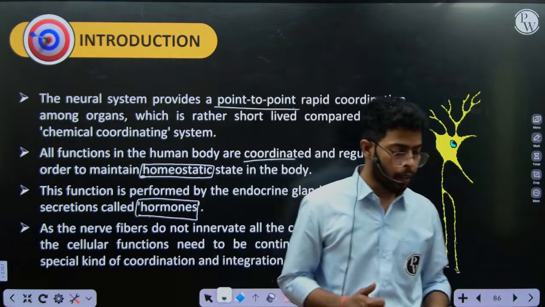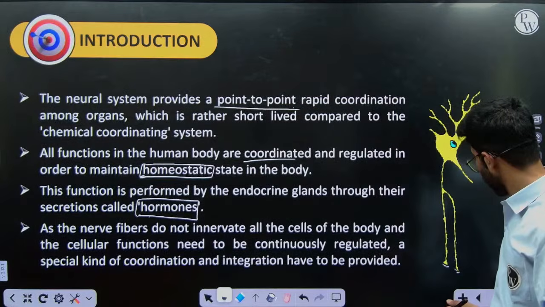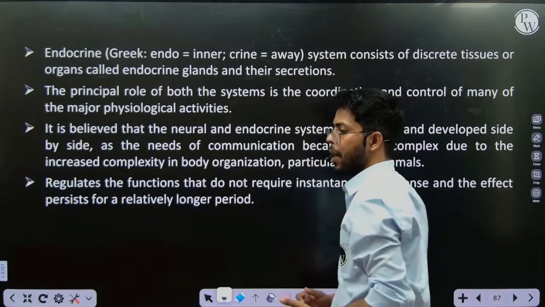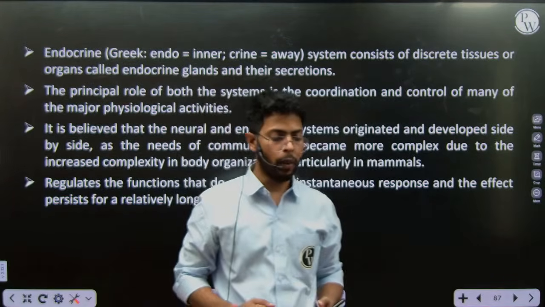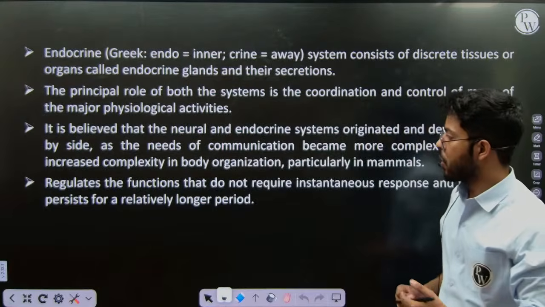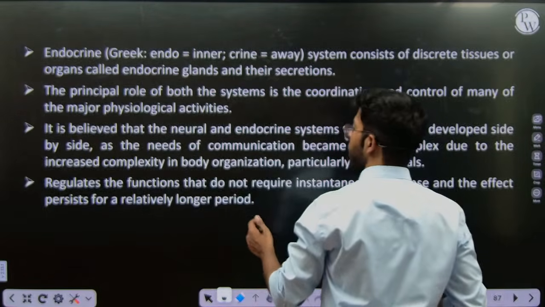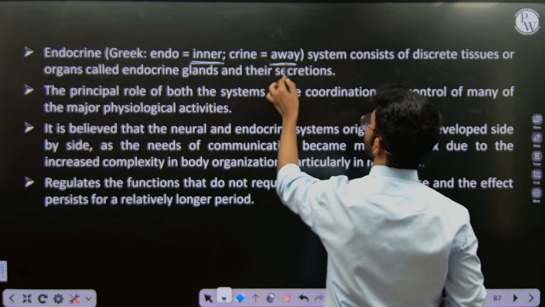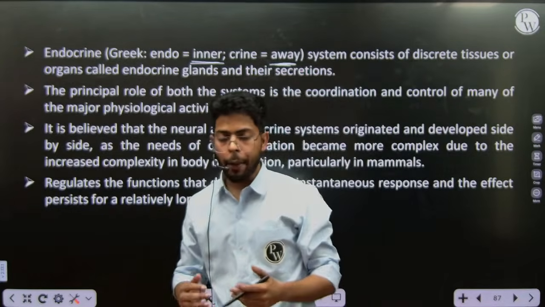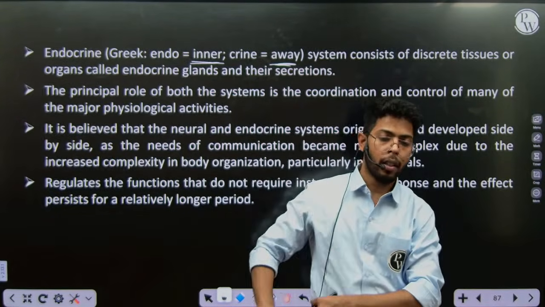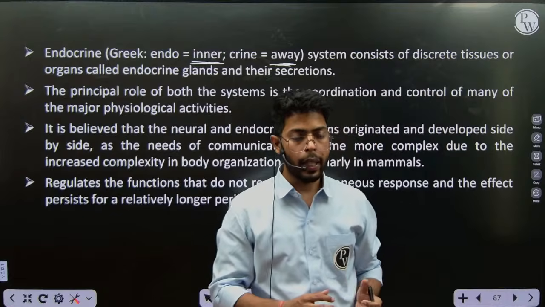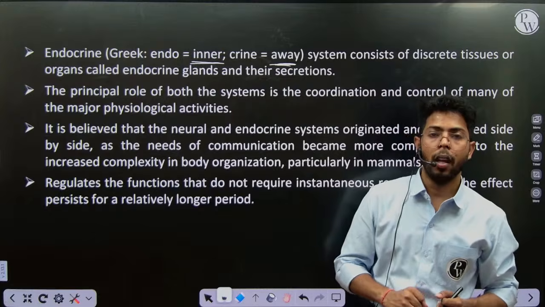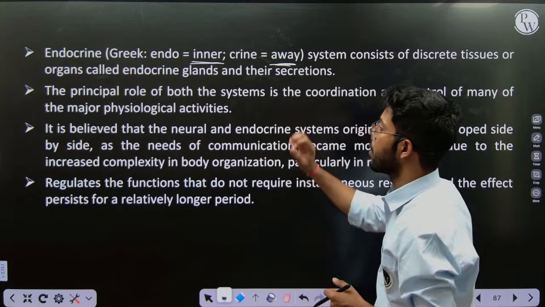Hormones are non-nutrient intercellular messengers which are released in very trace amounts and bring physiological changes. Endocrine means inner, and they do not have ducts. Endocrine glands are ductless glands. Exocrine glands have ducts. That means endocrine glands pour their secretion directly into the bloodstream. There is no duct present for the secretions.